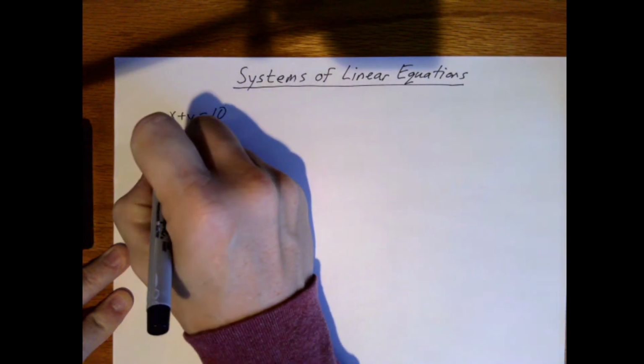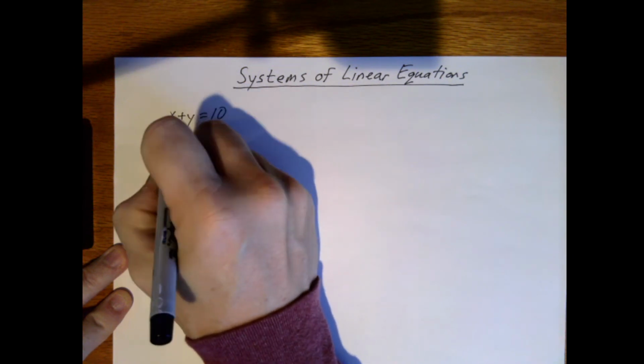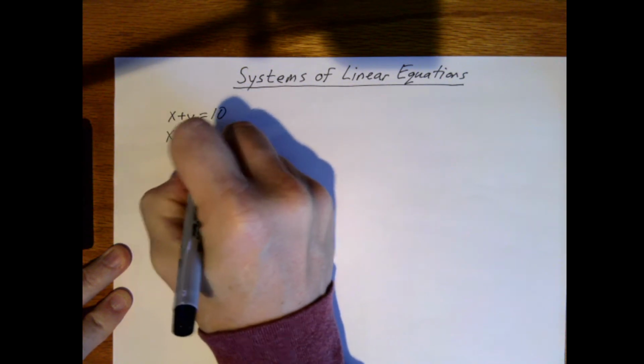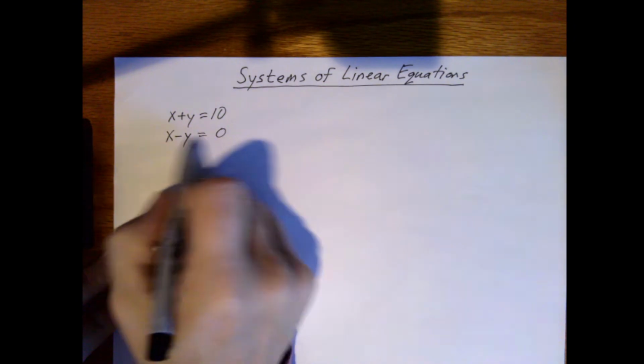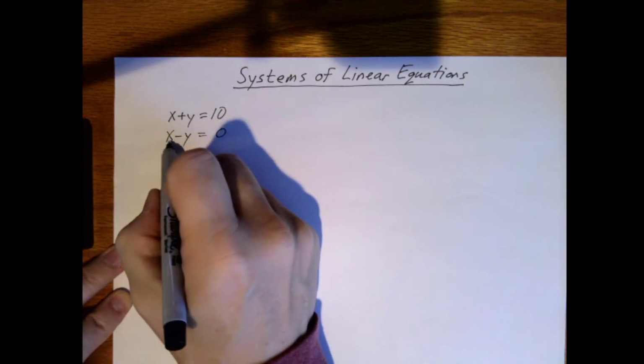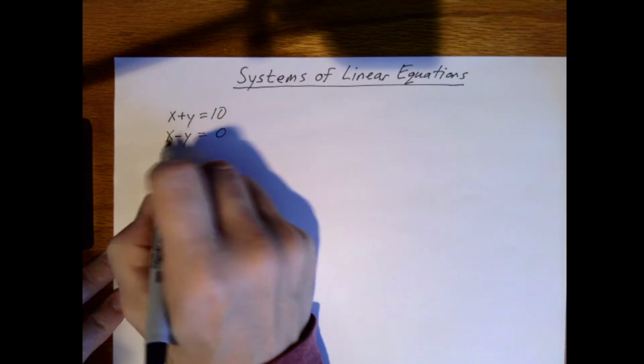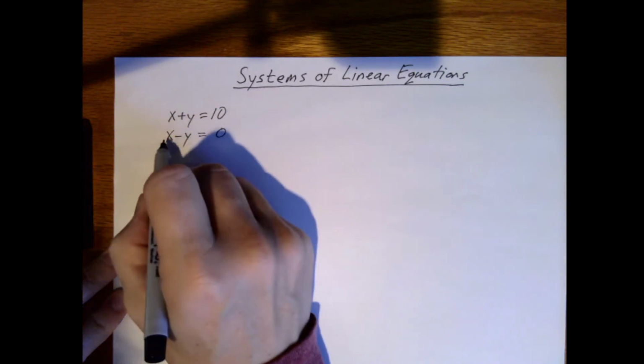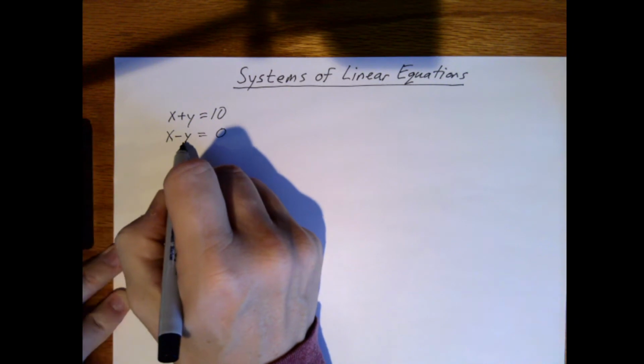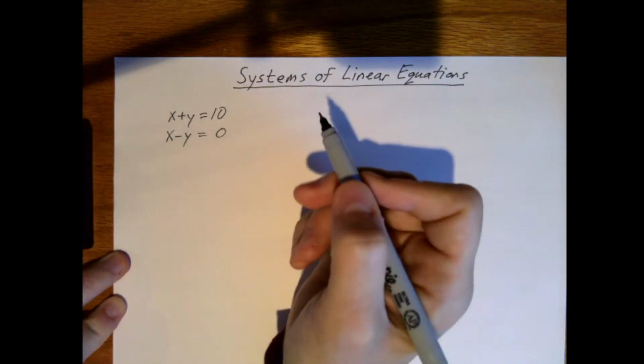If I gave you another equation in terms of x and y, x minus y equals 0, it also has an infinite number of solutions. We have 10 minus 10 equals 0, 5 minus 5 equals 0, 13.86 minus 13.86 equals 0, and so forth.